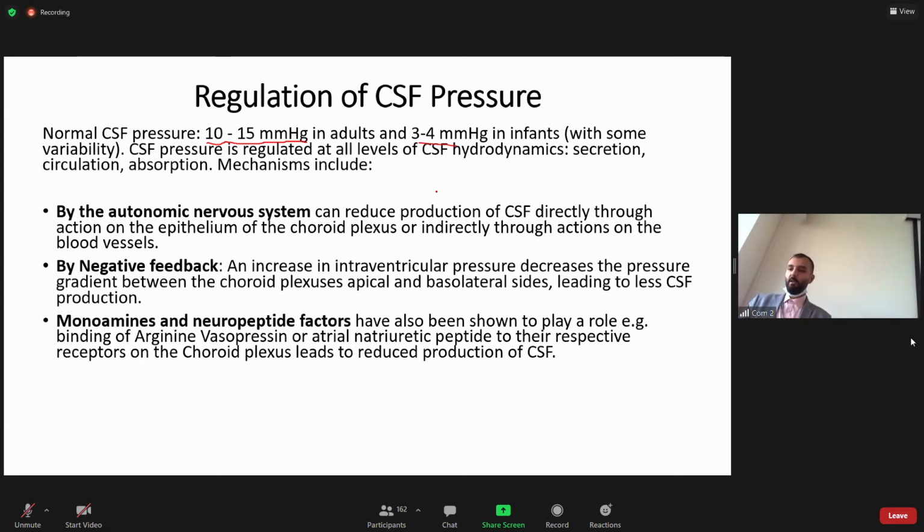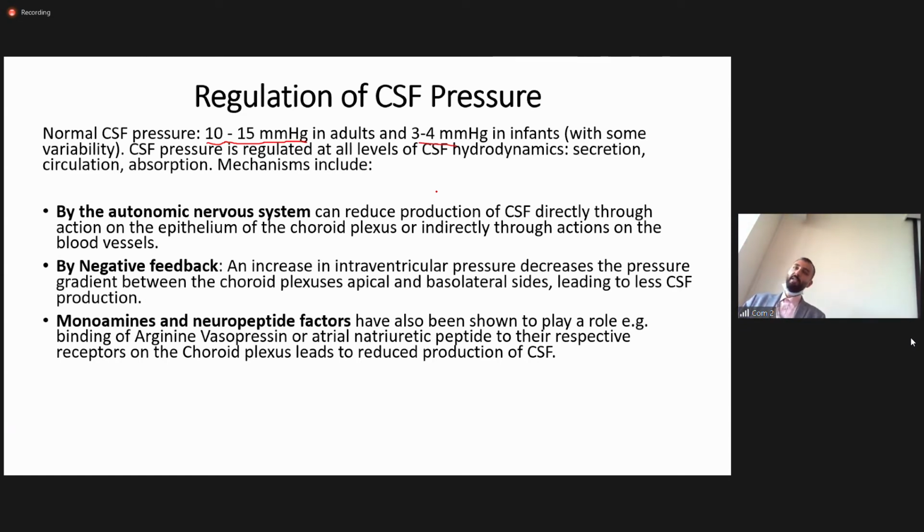Some of the ways that have been proposed to regulate CSF: there is evidence to suggest that there is autonomic nervous system regulation of CSF, and this can be direct, where the choroid or the ependymal cells do have receptors, okay, for cholinergic neurotransmitters from the autonomic nervous system, or adrenergic, which can act on the choroid plexus in order to directly regulate the rate of secretion, okay?